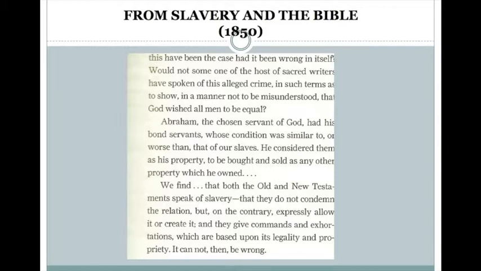Because if you're a slave, you're clearly not created equal. But Southerners really began to say, well, that really doesn't include slaves, and that these Southerners were really the true heirs of the American Revolution. The whites are really the true heirs of the American Revolution.